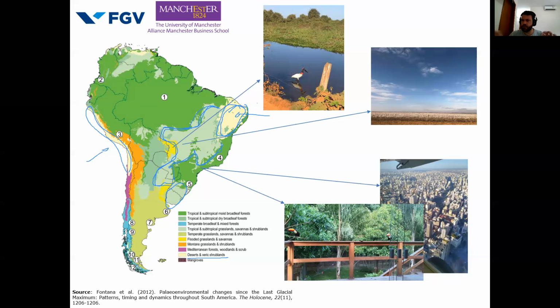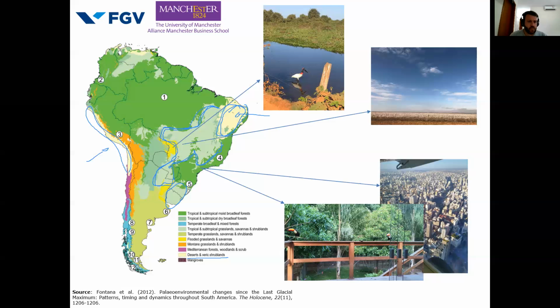You have just spot trees spread over the landscape, and you have a huge flat territory covered by short vegetation. Okay, very appropriate for cattle growing.